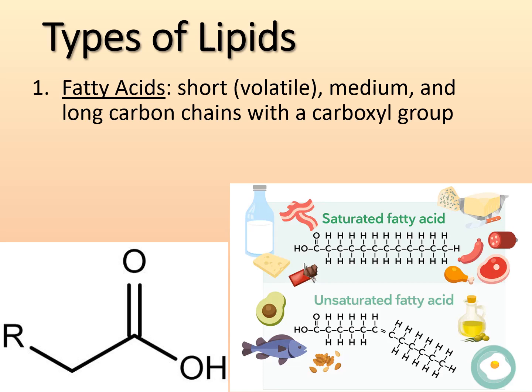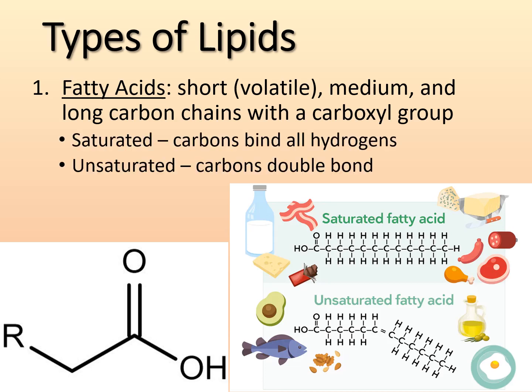The medium and long chain just have more carbons in a row, okay? So essentially the picture on the bottom left is showing the R group, which is that carbon chain, and attached to that carboxyl group, which is a double bound oxygen to that OH.